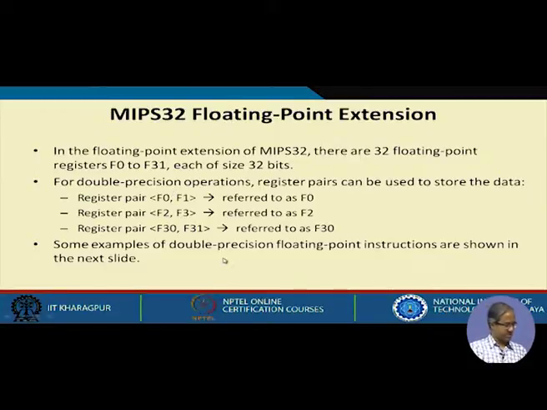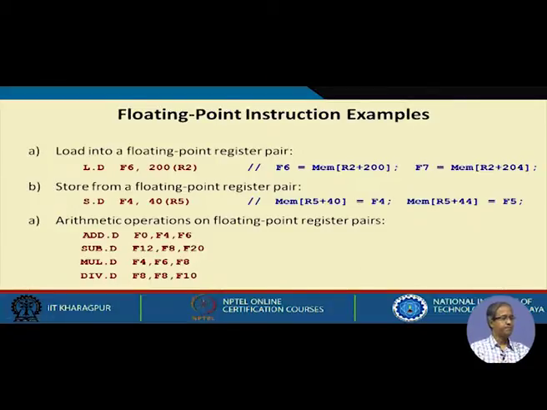Now, I am giving some examples here for such operations. Let us say the first instruction, L.D means load double, D stands for double precision. You see this is loading from memory.